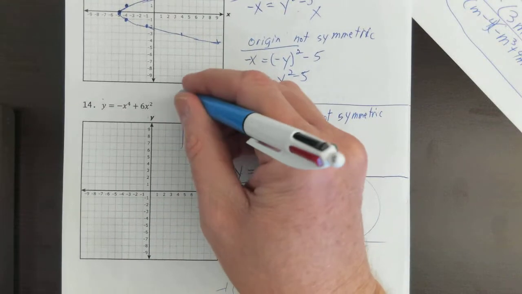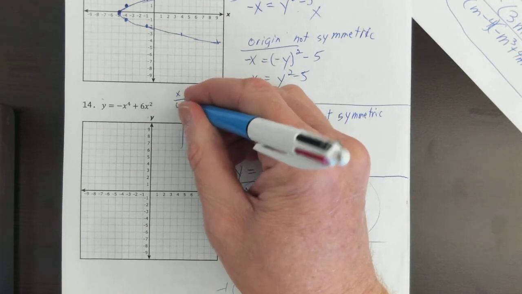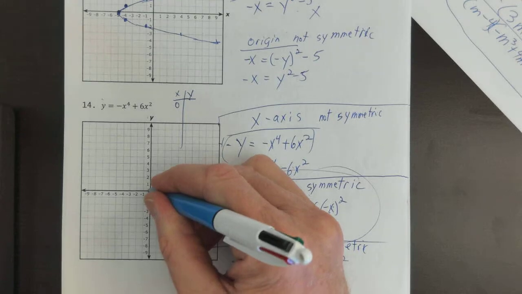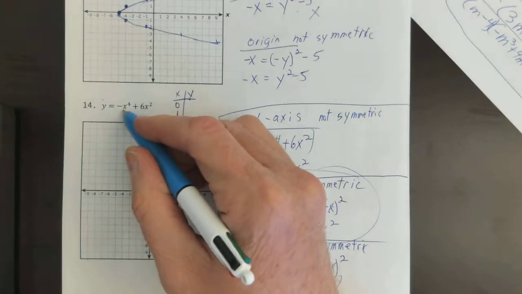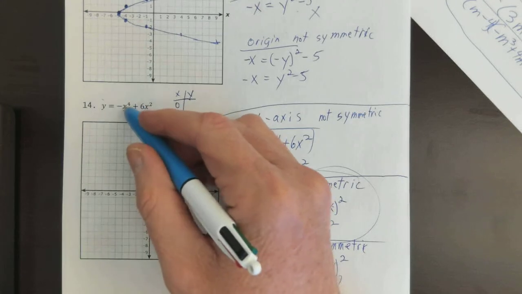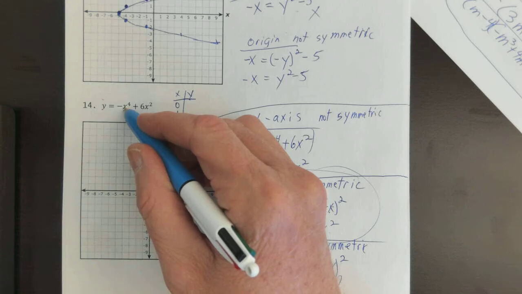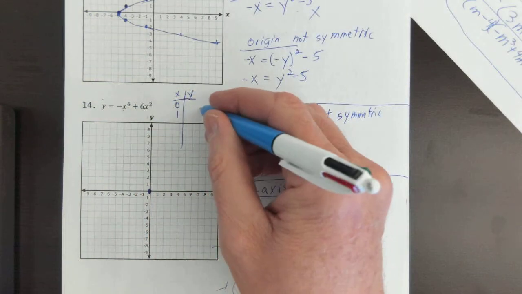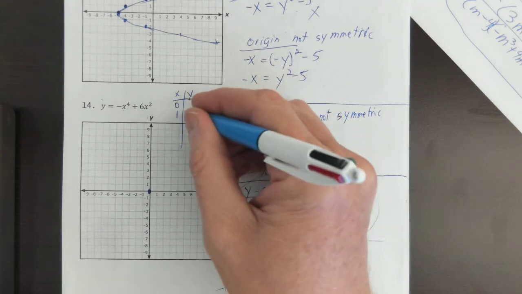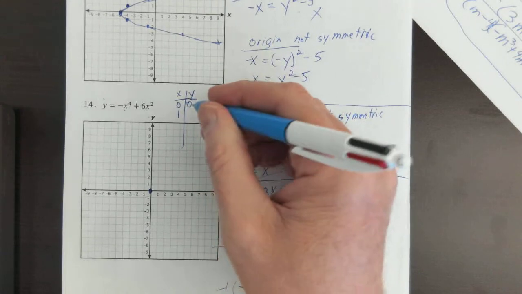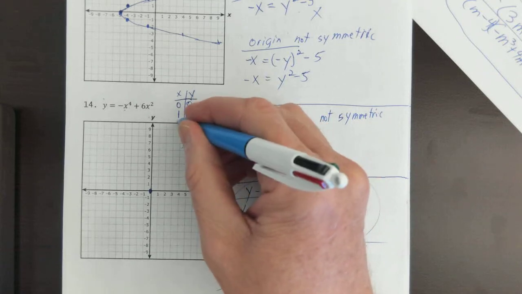And let's make a table. X, Y. Let's put 0 in for X. Looks like it goes through the origin. We'll put 1 in. The negative is separate from the fourth power, so 1 to the fourth power is 1, so that's negative 1, and then 6 times 1 is 6. Negative 1 plus 6 is 5. Let's try 2.